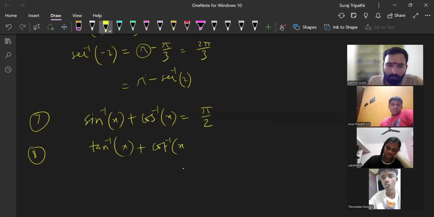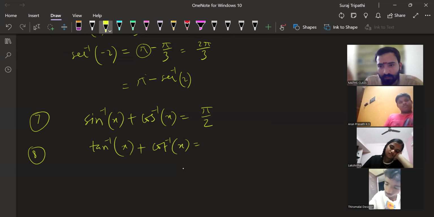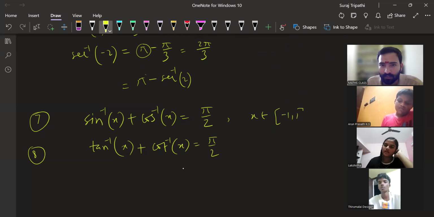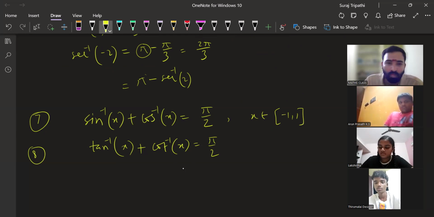These things I will discuss in inverse trigonometric functions, but for relations and functions, these properties are important. Proving also we will discuss there. Here it is very important that x should belong to minus 1 to 1. This identity is only valid if x belongs to minus 1 to 1. For this property, x should belong to real numbers. For real numbers, it is valid.